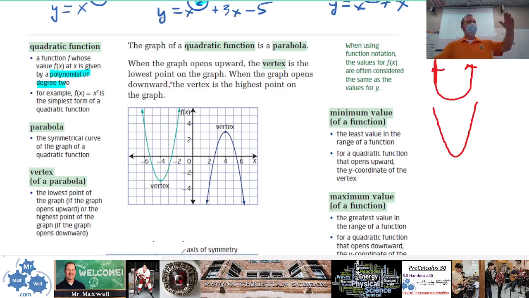So it's a symmetrical curve that the graph of a quadratic function creates. And it could open up like a cup, or it can open down like a, come on, up like a cup, down like a tree. Oh my goodness. If your tree looks like this, I suppose that this could be a parabola.